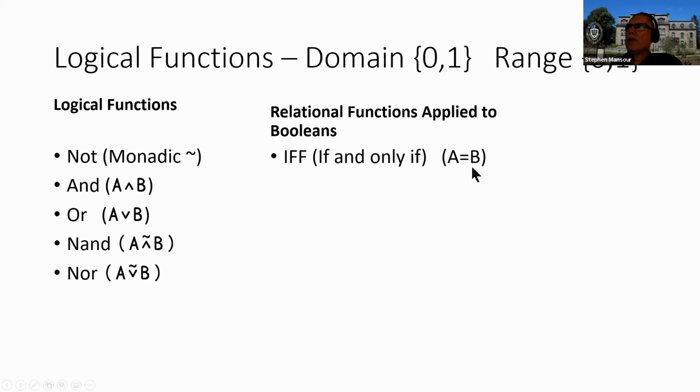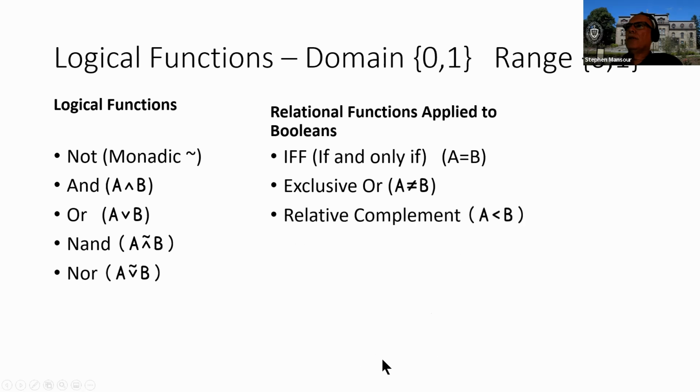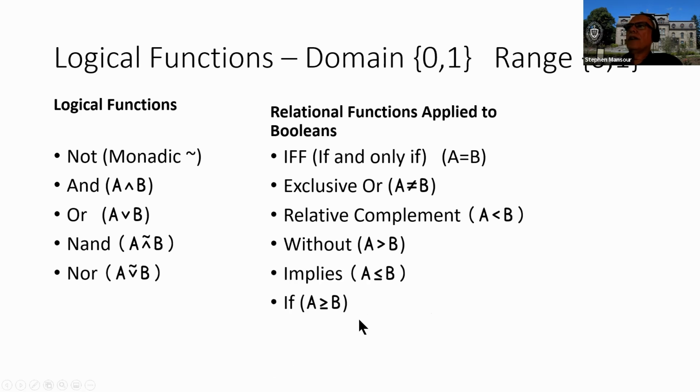If A and B are both Booleans, then this becomes if and only if. Exclusive or is not equal. Relative complement is less than, without, greater than, implies, and if greater than or equal to and less than or equal to. So we can use these functions as well. We can treat them as logical functions when we restrict the domain to 0 and 1.